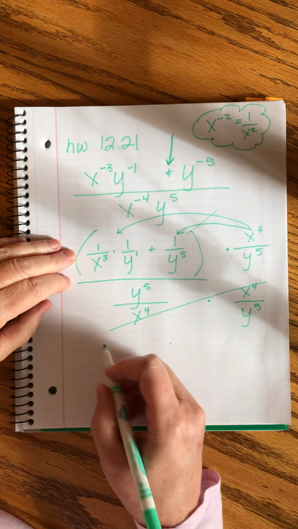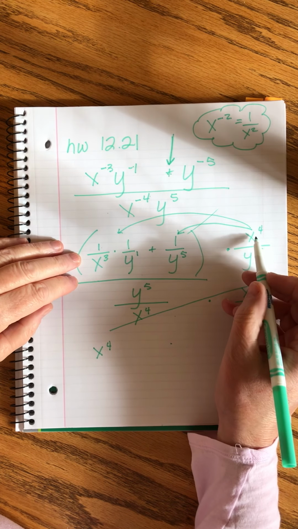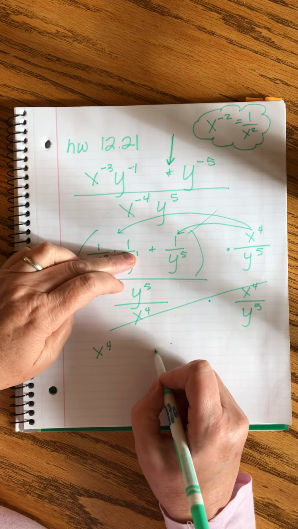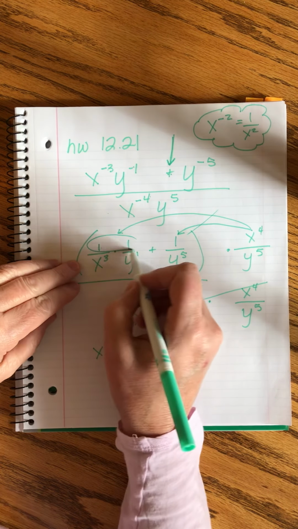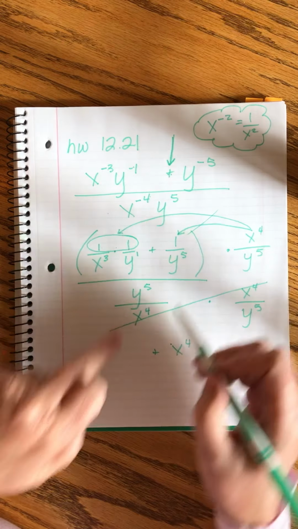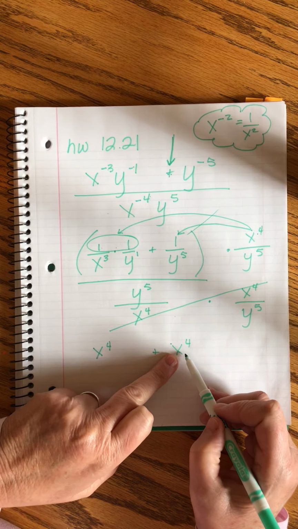Okay, so we just have 1s all across the top. So I can see that this is going to be x to the fourth plus x to the fourth, right? That's multiplying. It's 1 times 1 times x to the 4th, that's x to the 4th, and then plus 1 times x to the 4th, there's the second one.